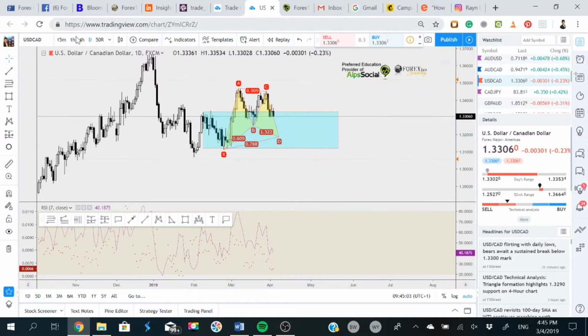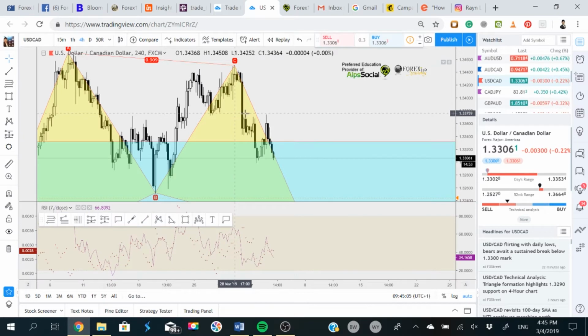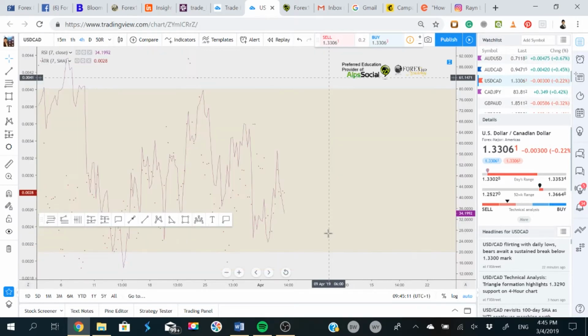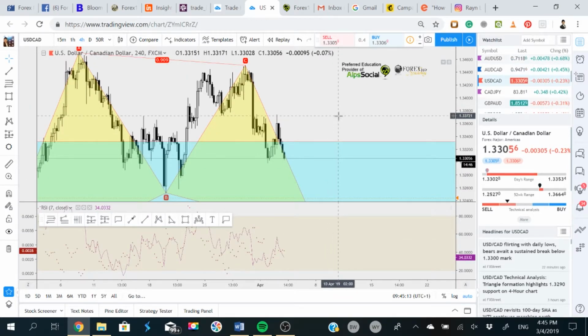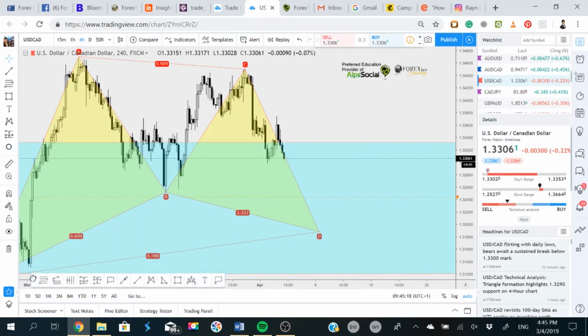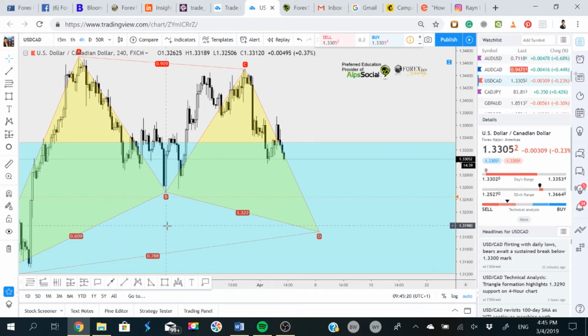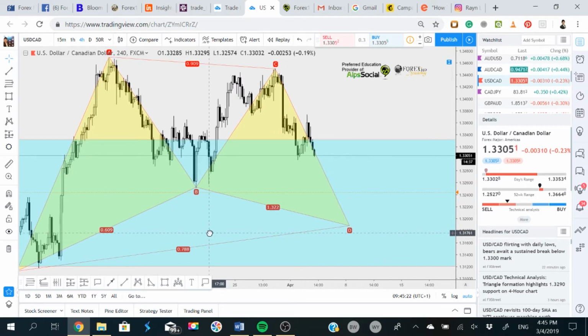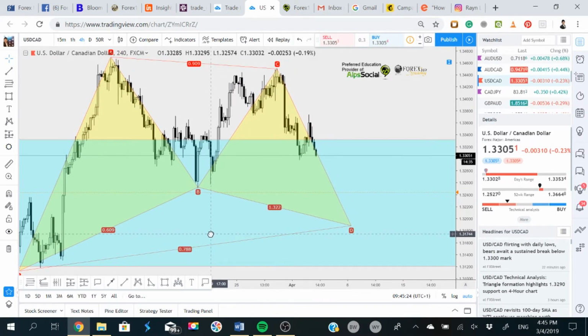All right, so head down to the 4 hour chart. Let's have a look. Within this zone, I'm pretty much looking for a buying opportunity on the godly pattern. Let's see how it goes.